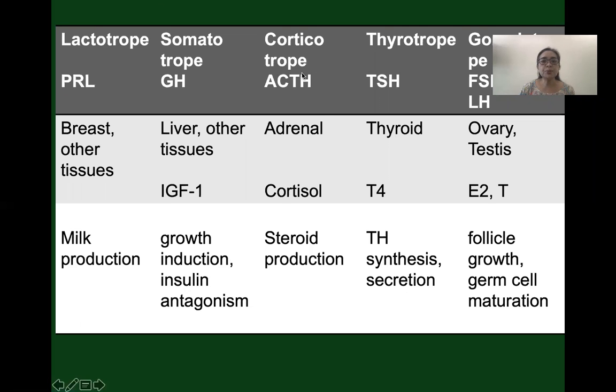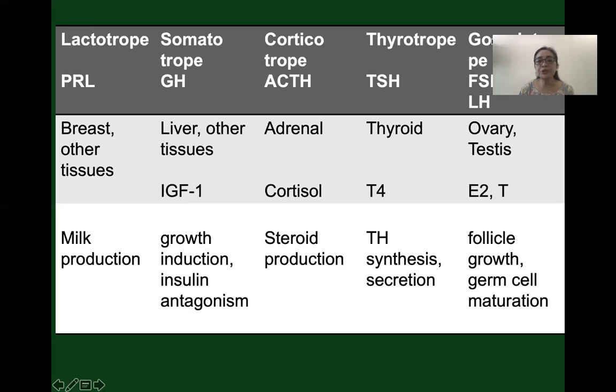Your corticotrope is mainly producing your adrenocorticotropic hormone, which affects your adrenals, producing the cortisol, which is mainly for steroid production. Your thyrotrope then will have your thyroid stimulating hormone, which mainly affects your thyroid. The main hormone would be thyroxine. This is for thyroid hormone synthesis and secretion.